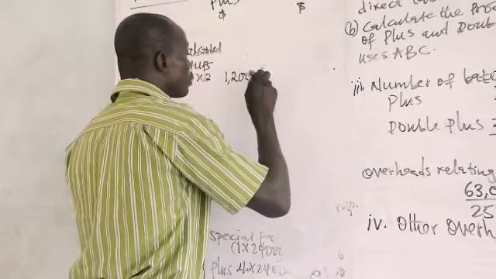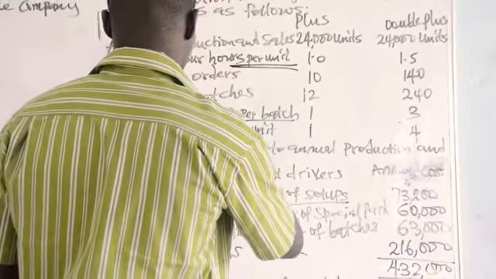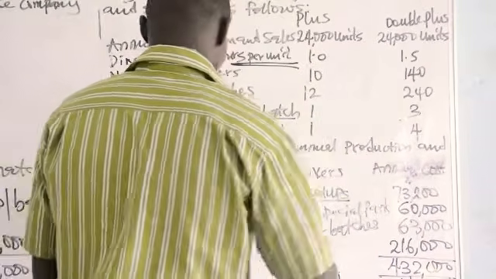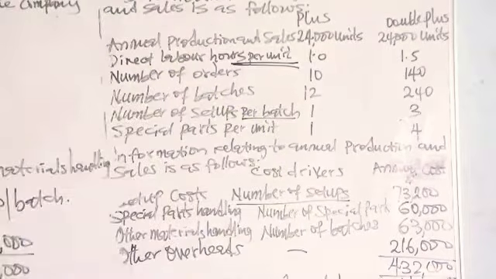For the double plus, we have 100 times the number of setups. Number of setups, 3 times 240, we got 720.